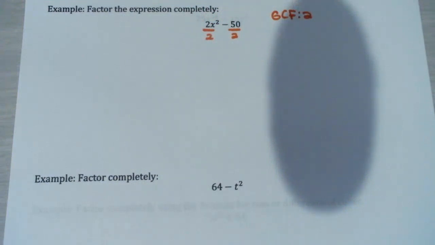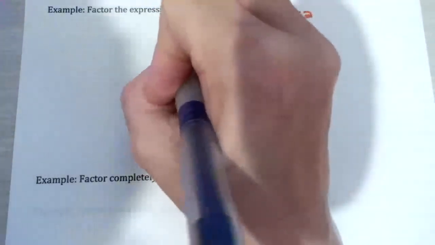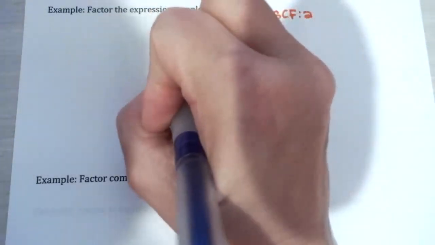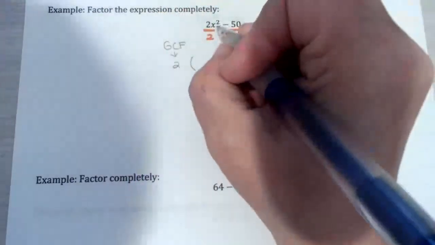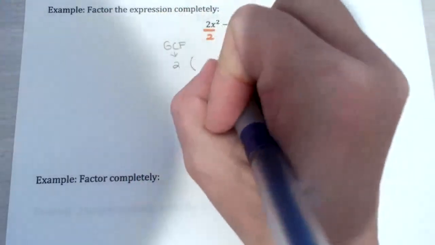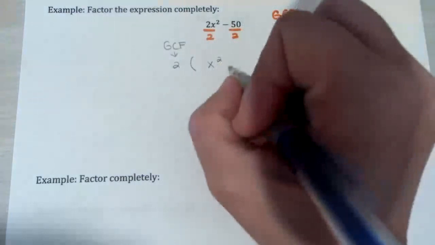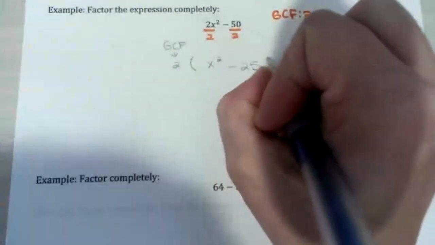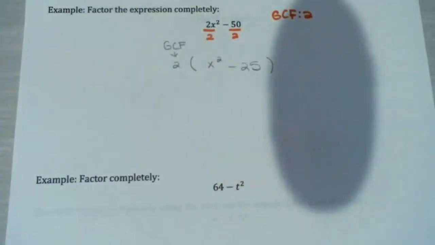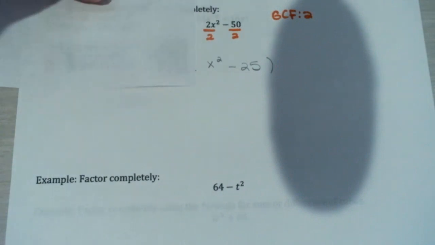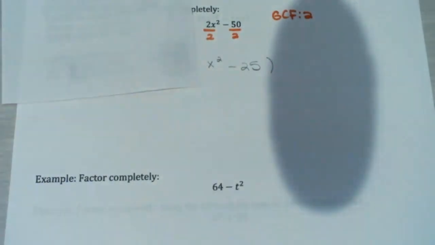Divided by 2. So this 2 of GCF comes out front. We're left over with 2x squared divided by 2, which is just x squared. Negative 50 divided by 2 is negative 25. All right, perfect. So that GCF of 2 is done, and we're left over with x squared minus 25.